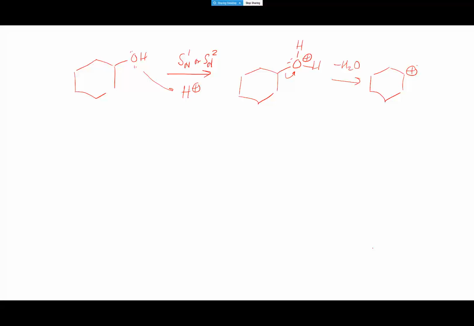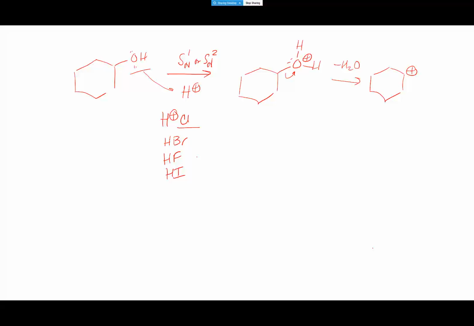So if I want to substitute this OH, I need to use an H plus and then a nucleophile that's going to come in and substitute. So this is where we said we could use HCl, we could use HBr, we could use HF, we could use HI.